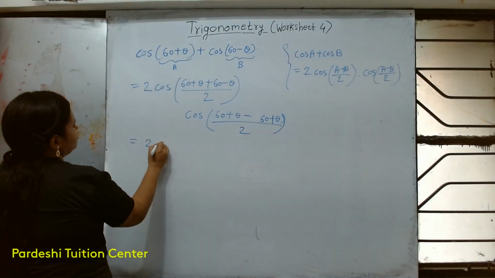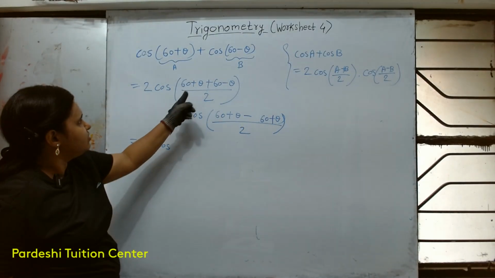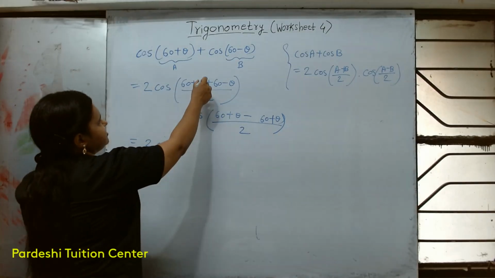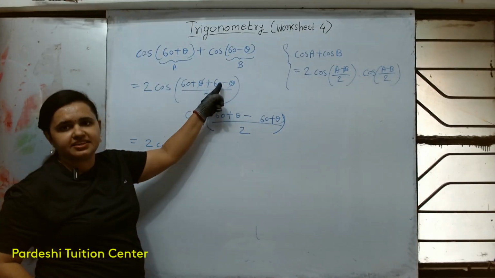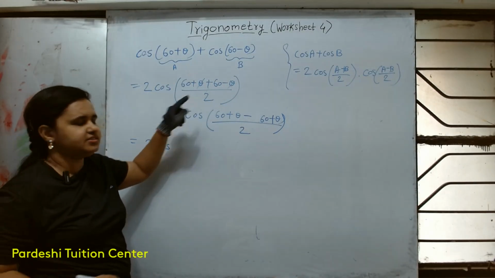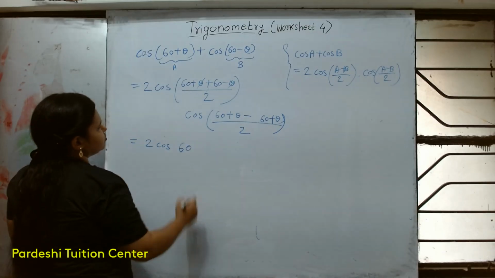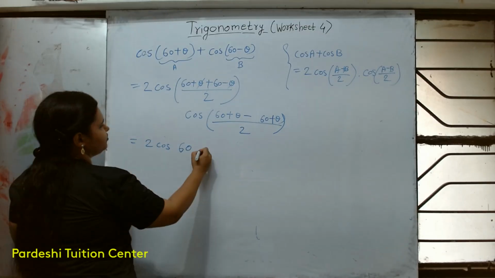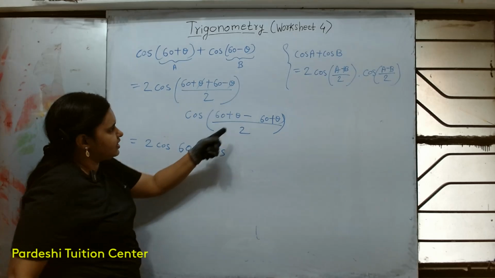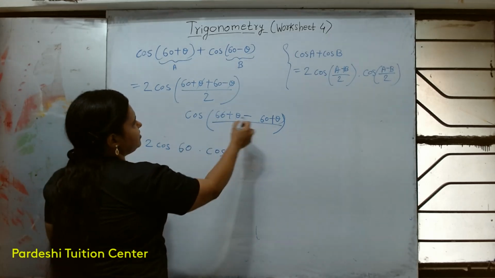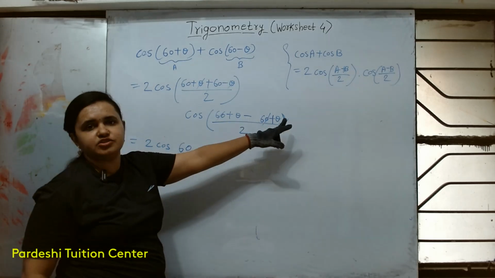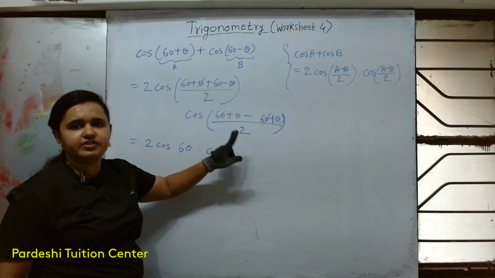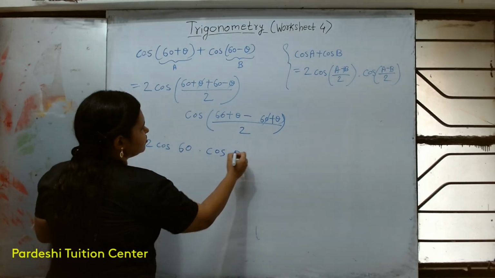So it will be 2 cos of. Now theta minus theta will get cancelled and 60 plus 60 is 120, 120 upon 2 is 60. So 2 cos 60 into cos of. Now 60 minus 60 will get cancelled and theta plus theta is 2 theta upon 2, the 2 will get cancelled and the remaining is only theta.